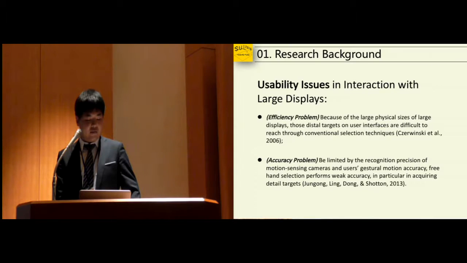Second, freehand movements in mid-air have lower accuracy than mouse movements, and the tracking of users' hand movements has limited recognition accuracy from motion sensing cameras. This accuracy problem is another limitation of freehand interaction on large displays.